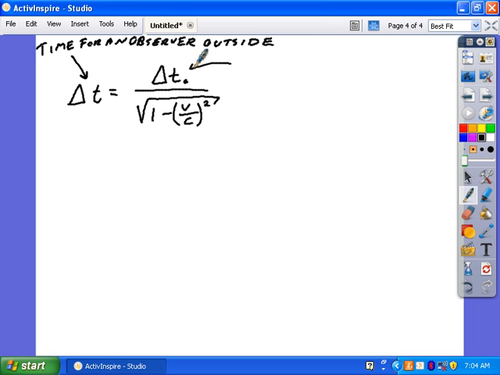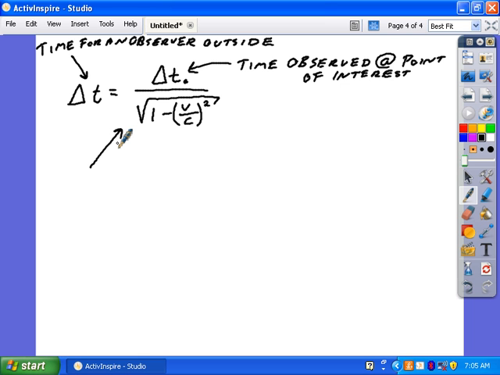This would be the time observed at the point of interest. Alright? Now, the bottom part here is normally called the Lorentz equation. We'll talk about that in a couple of minutes here.